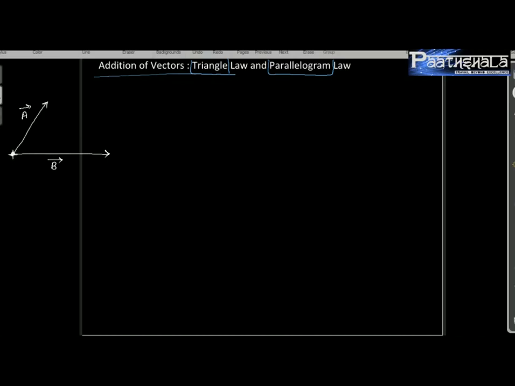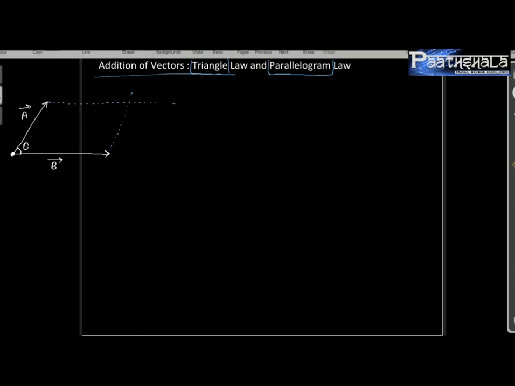The two vectors are drawn with their tails joining. The angle between them is theta. The construction that we have to do over here is to draw lines parallel to both the vectors from their heads. Heads meaning the arrows and tails meaning the point opposite to the arrow.